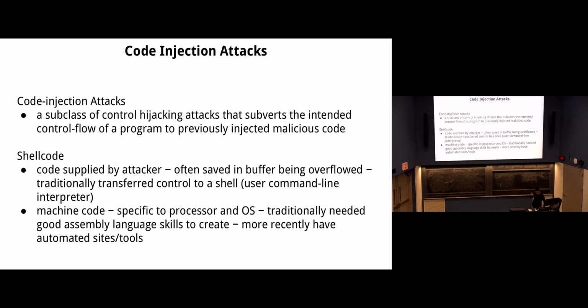Those 3 places are all actually on the stack. So to defeat that, we use an approach called DEP to make the stack non-executable, right? So even if the attacker can inject the code into the address space, the system doesn't allow the attacker to execute that code.